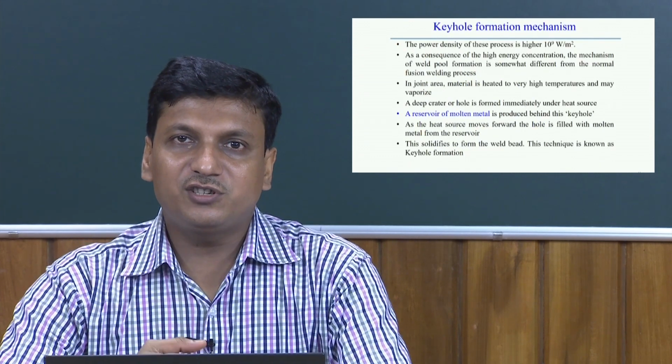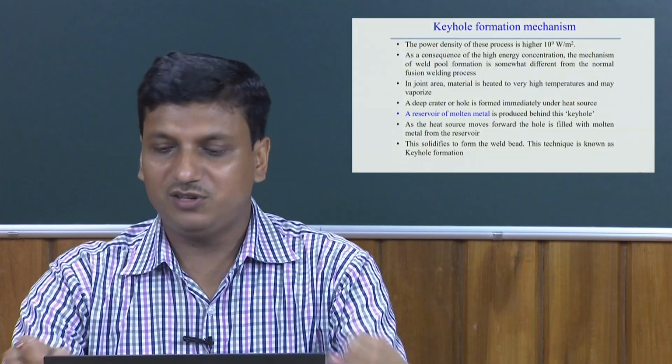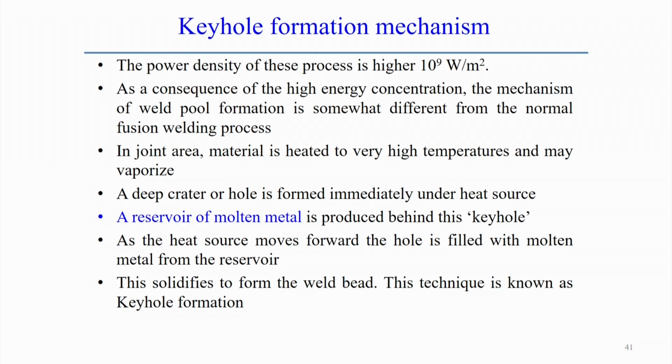Now, let us see the keyhole formation mechanism in the electron beam welding process. In this case, the power density of this process is as high as 10 to the power 9 watt per meter square. I think it should be more than that. Therefore, high energy is concentrated, and the mechanism of weld pool formation is definitely different from normal arc welding processes, but almost similar to laser beam welding processes.